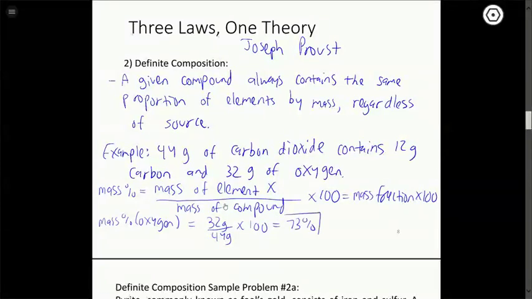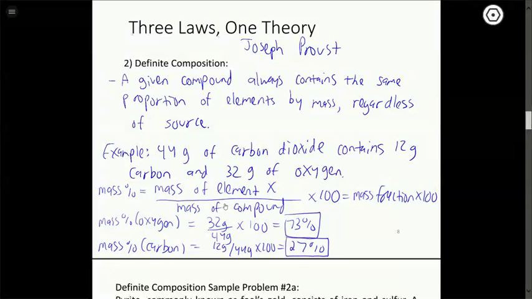So carbon dioxide is 73% oxygen by mass. Whenever you have the masses of each element in the compound, that's how you do it. And then the mass percent of carbon in carbon dioxide: we said there was 12 grams of carbon, 44 grams total, and that comes out to 27%.